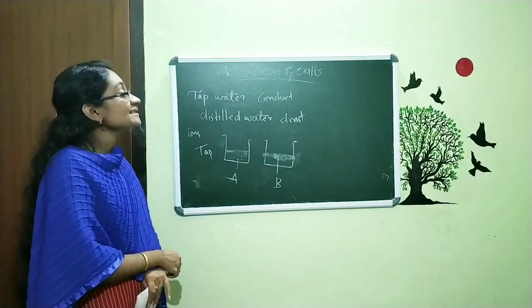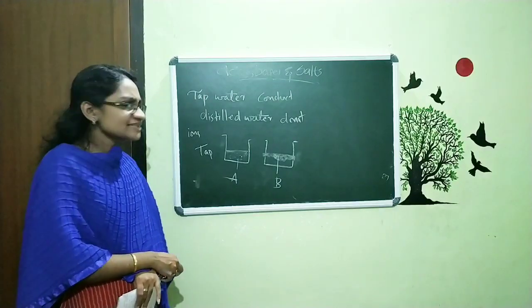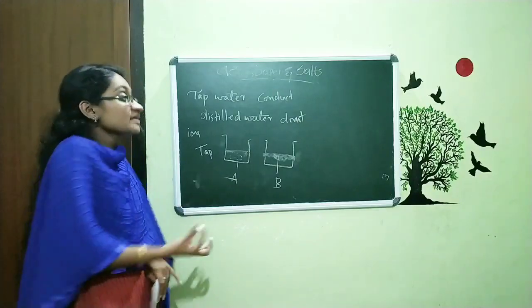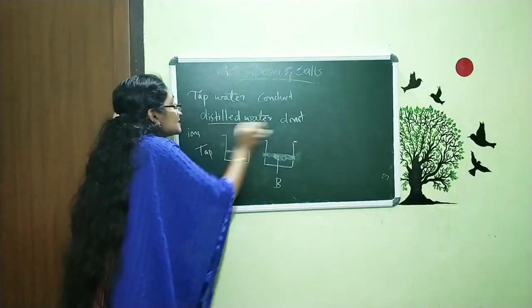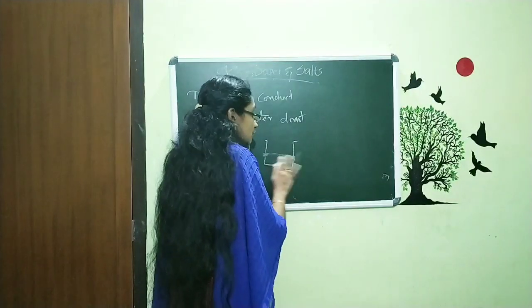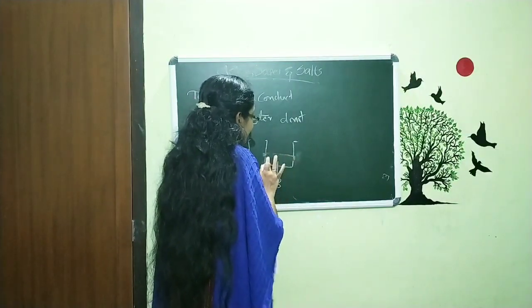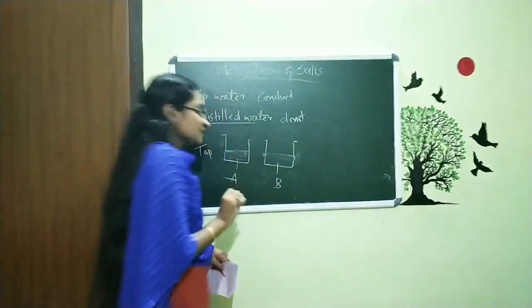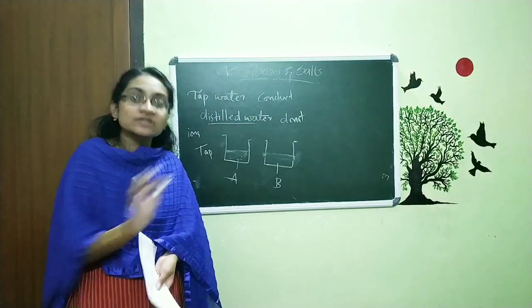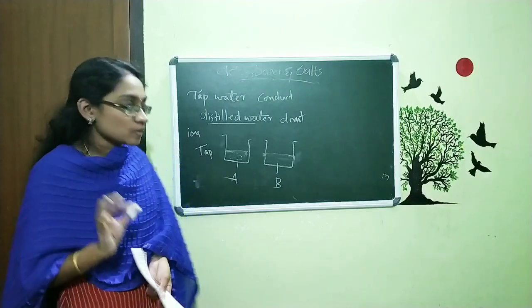But distilled water means it is pure water. We purify the water and make it distilled water. That simply means there are no such salts dissolved in this water. It is very pure, so no salts and no ions. If there are no ions, no conduction will occur.